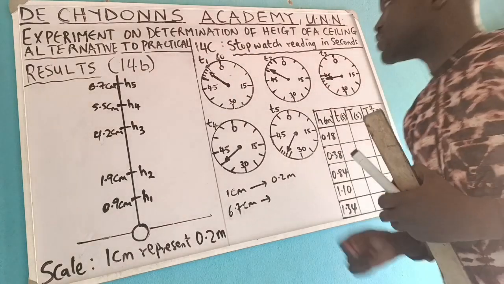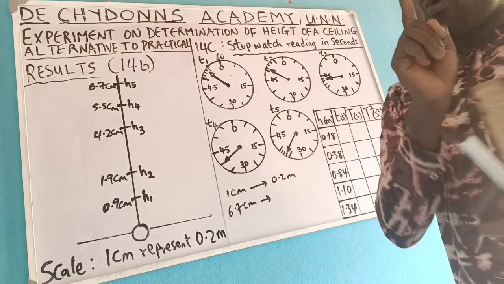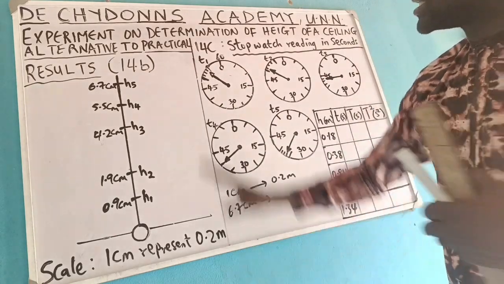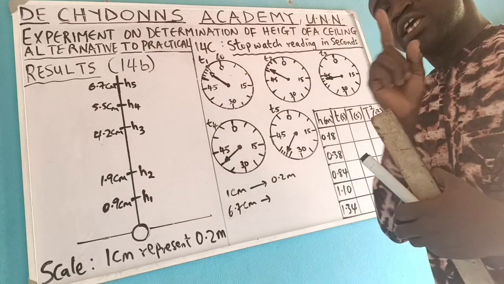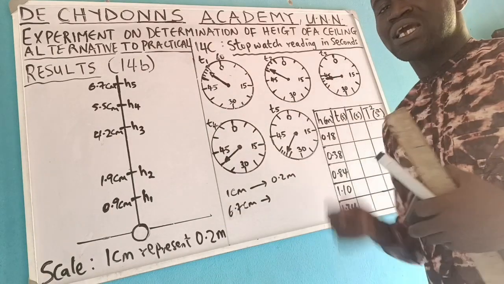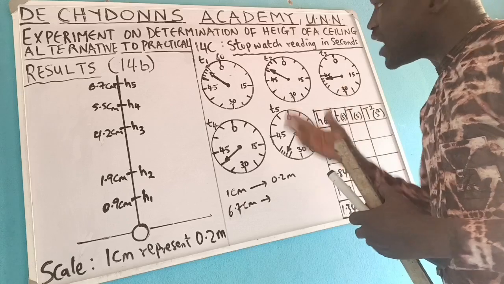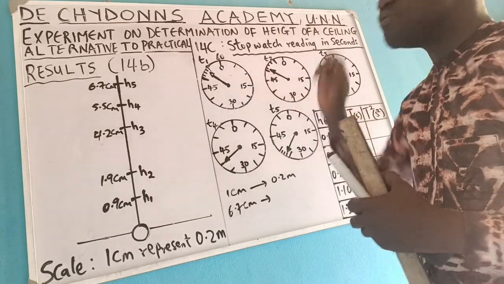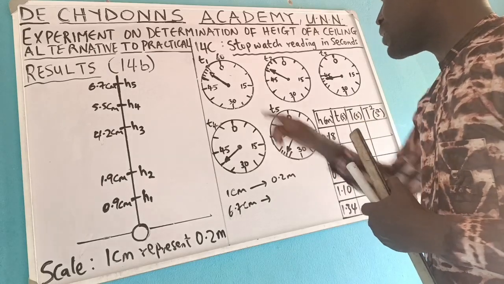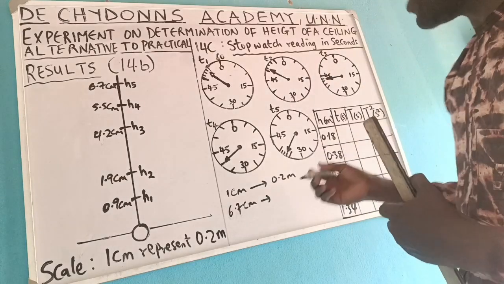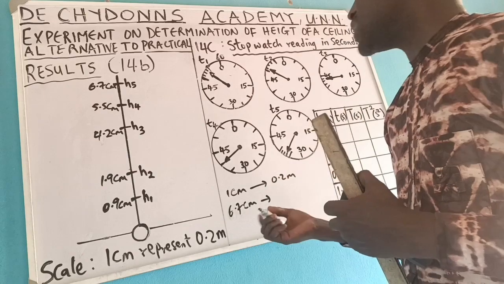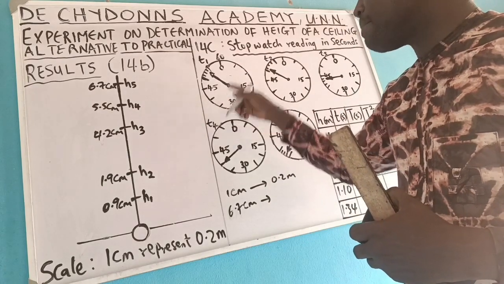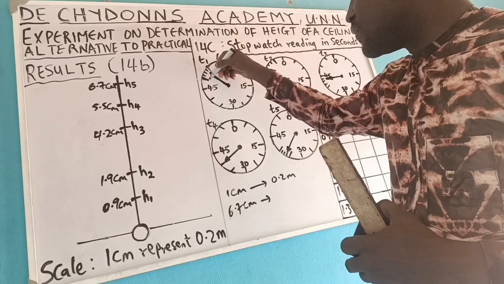Now, let me tell you something. If you don't want to make mistakes in reading this, get the reading accuracy of this instrument. Every instrument has its reading accuracy. That is the minimum measurement you can get from that measuring instrument. What do I mean? Here is 30, here is 35; here is 45, here is 50.